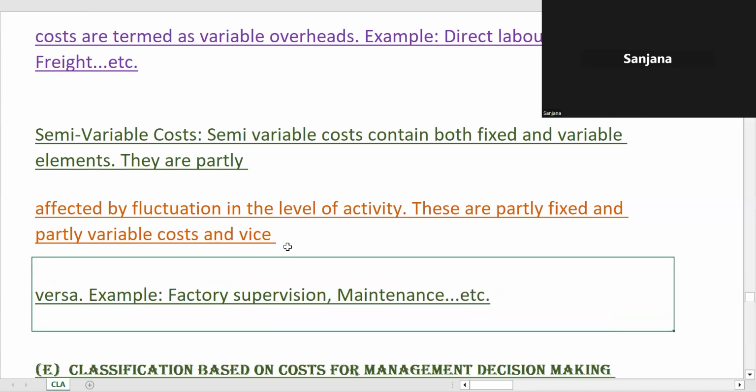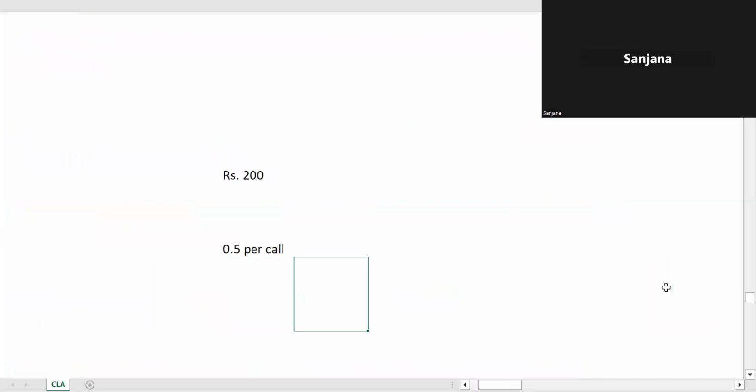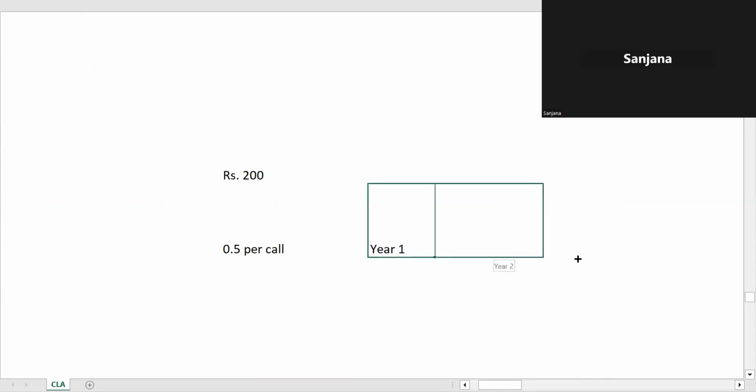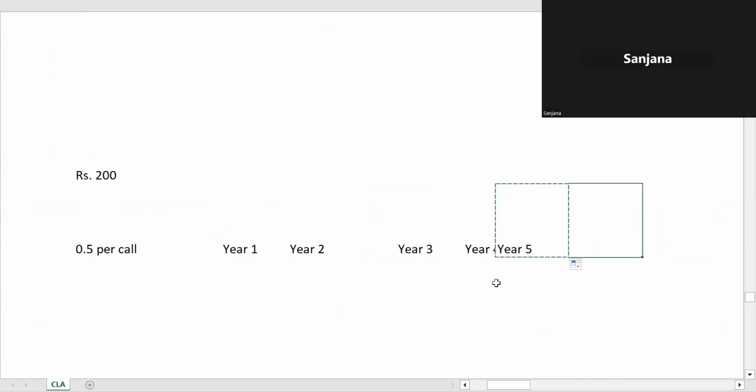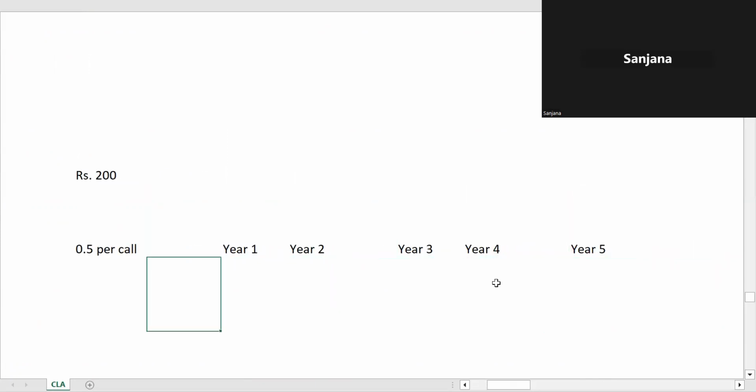Examples are factory supervision and maintenance. In maintenance, you know that the more you use a thing, the earlier it will break or become useless. For example, take tires. Say year 1, year 2, year 3, year 4, year 5. If I have bought a new tire, normally it works for 5 years.